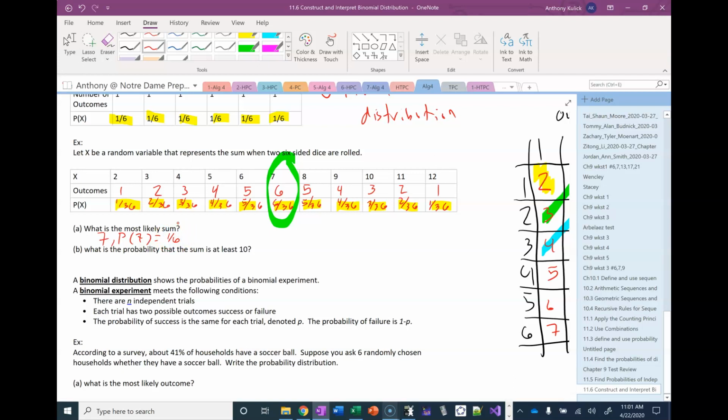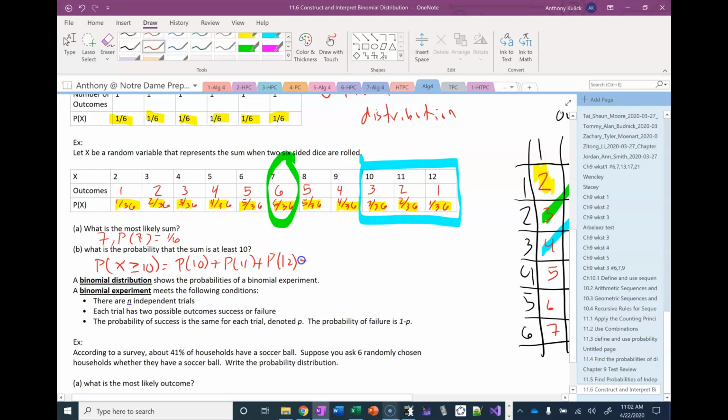If we want the probability of at least 10, so I want the probability that X is greater than or equal to 10, I want the probability of 10 plus the probability of 11 plus the probability of 12.